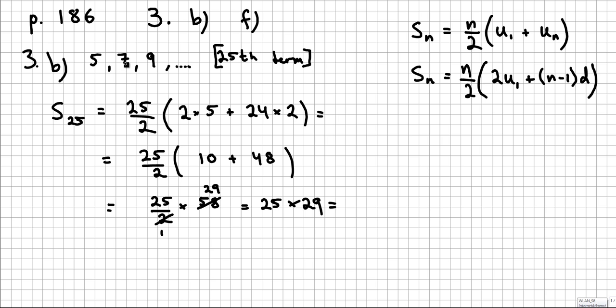So 5 plus 7 plus 9 plus 11 plus 13, etc. Add all these together, the first 25 terms, and it's 25 times 29. So let's calculate 25 times 29, which is equal to 725.